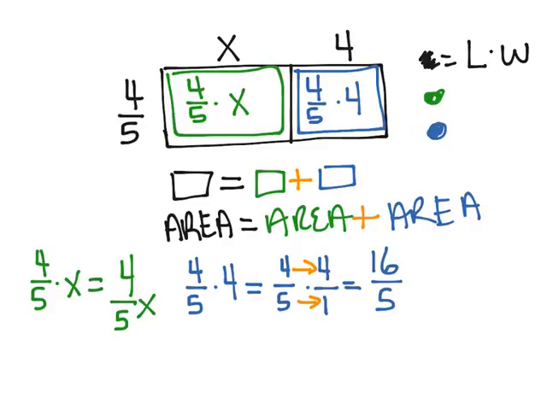Since we know that the total area of the black rectangle is equal to the sum of the green and the blue rectangles, we can add them together. The area is equal to 4/5 x plus 16/5. This gives us our total area for this problem.